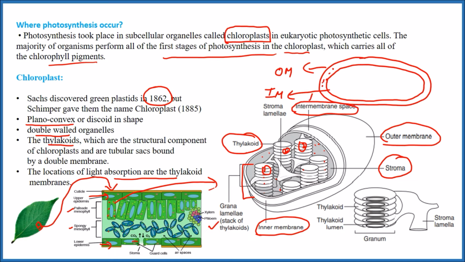The fluid filled in chloroplast is called stroma. Then the stack of thylakoid. The thylakoid is also double membrane. We can draw it as double membrane. This is one granum, this is another granum. They are interlinked with the help of stroma lamella. This is the basic structure of the chloroplast.